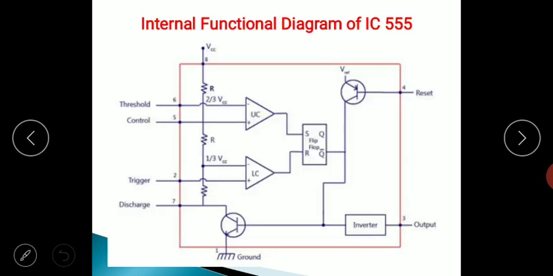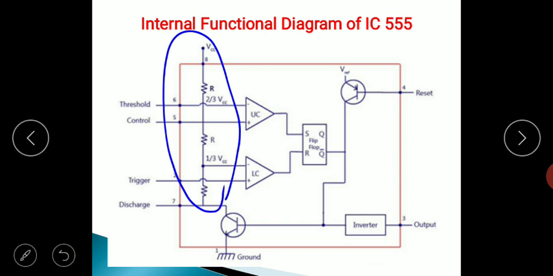This is the internal functional diagram of the IC 555. Don't panic by looking at the block diagram or the functional diagram of the IC 555. It consists of 3 resistors forming a voltage divider, so that the VCC supply is divided into 3 parts, that is 1/3 of VCC, 2/3 of VCC and VCC.